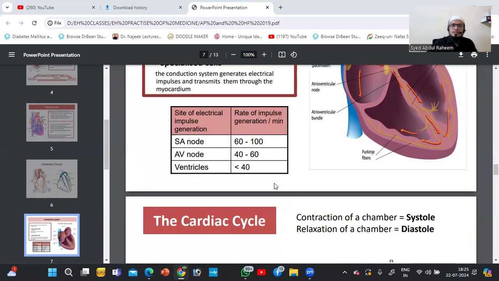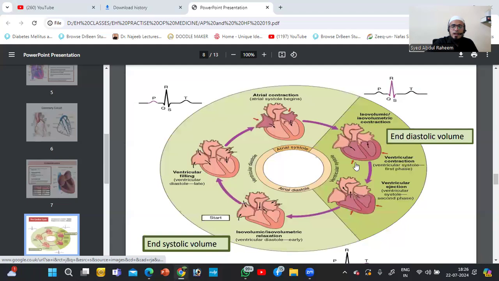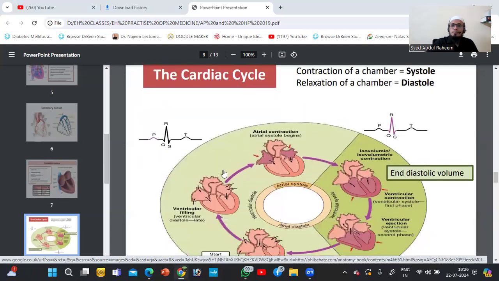The SA node generates 60 to 70 impulses, the AV node 40 to 60, and the ventricles below 40. Then you have the one cardiac cycle, meaning contraction and relaxation. The blood is released from the heart, and the blood enters into the heart. This whole condition is known as the cardiac cycle.